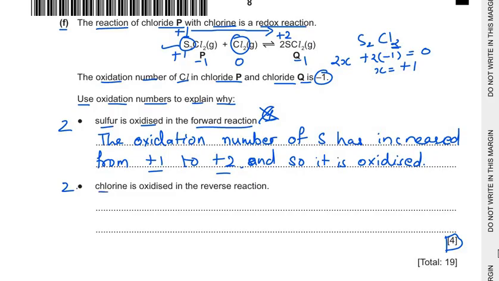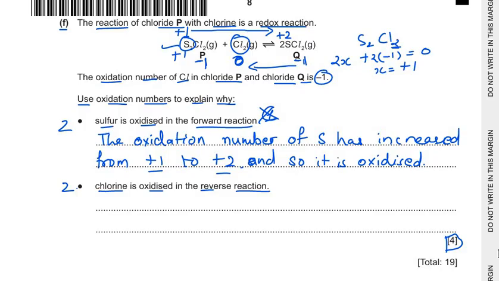Now the next part is: chlorine is oxidized in the reverse reaction. Reverse reaction means going from here to here. We know that the -1 has stayed -1 in the compound form, but in the elemental form chlorine is 0.